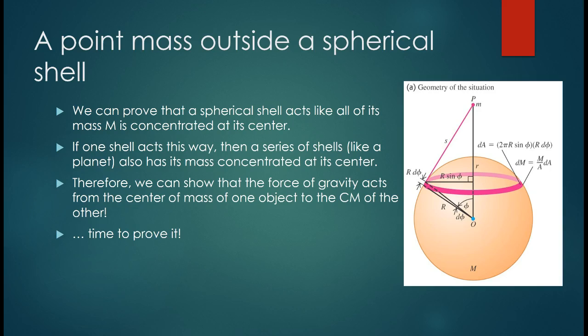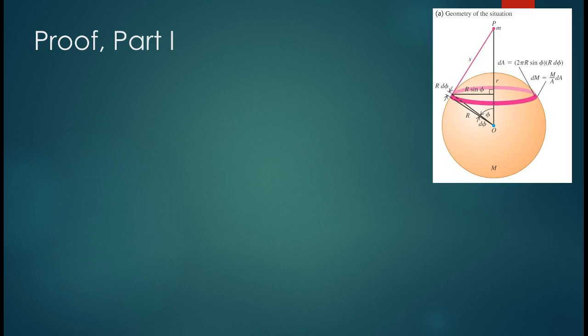Okay, so we're going to go ahead and prove this, and it's going to take a little bit of doing here. So the first thing we're going to do is get all set up. Here's our setup.